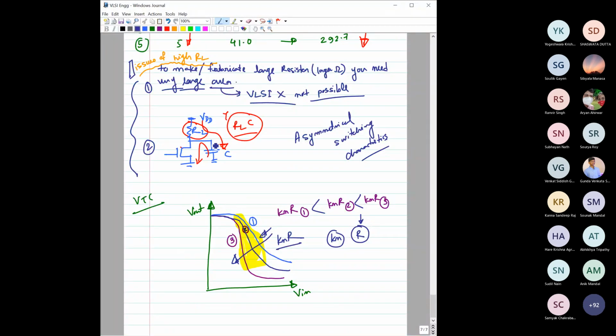Then let us move to that large area resistance part. A little bit of discussion on that, why it is challenging, and give you some idea of what will be the area required to implement that particular range of resistance. So chip area: particularly, we have two components.